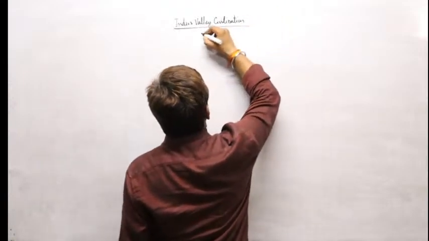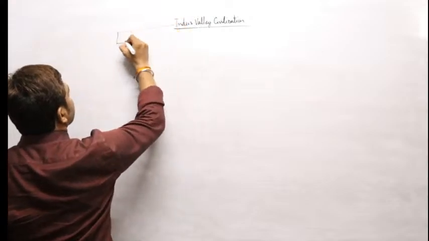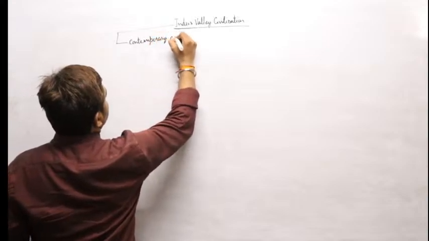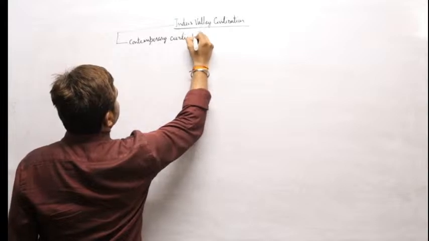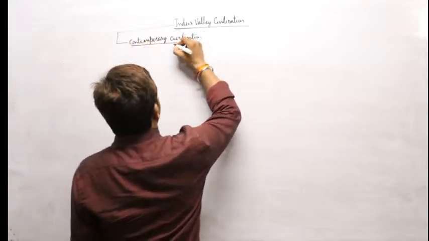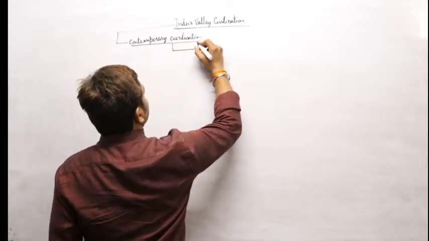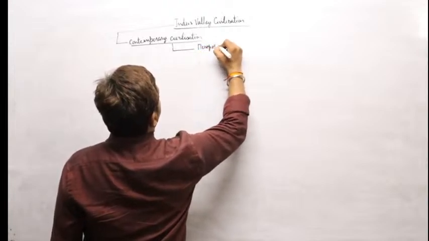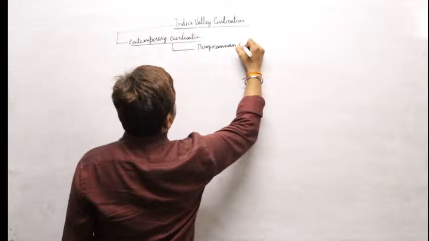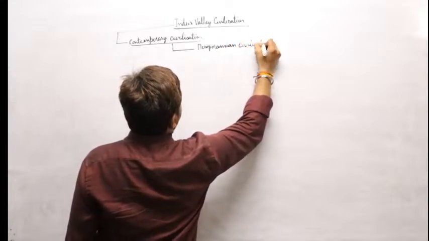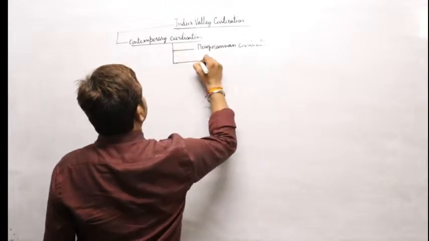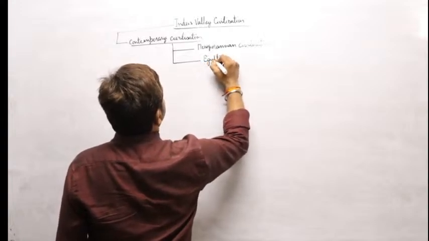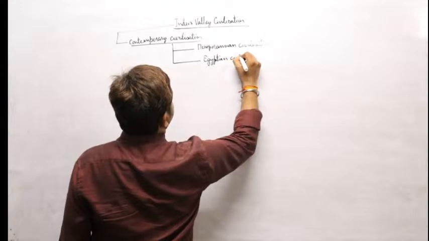One was Mesopotamian civilization, and the other one was Egyptian civilization.